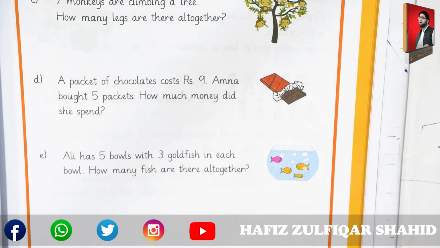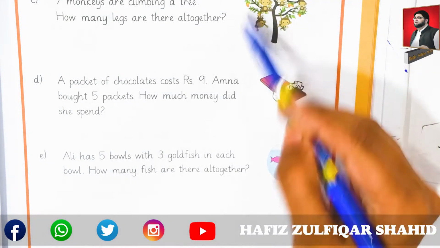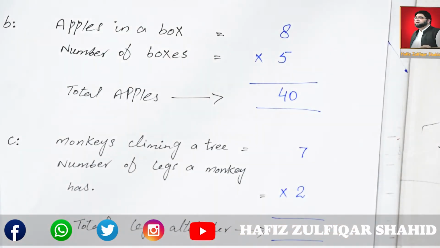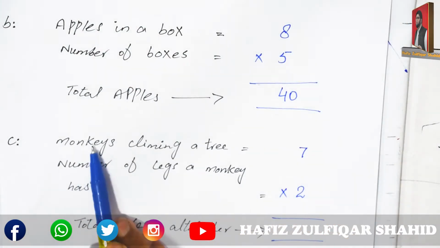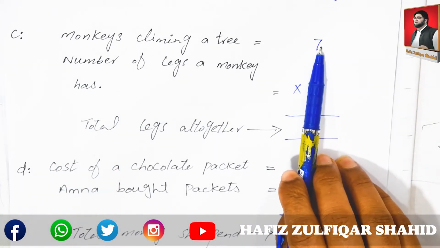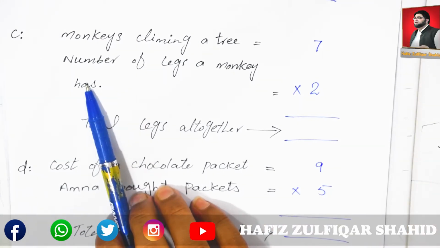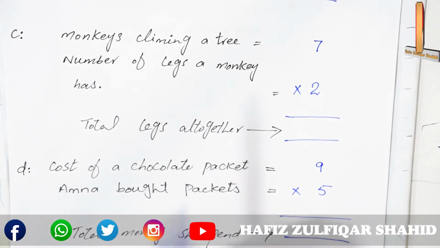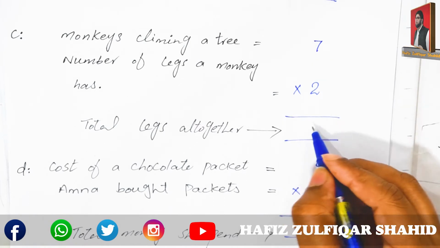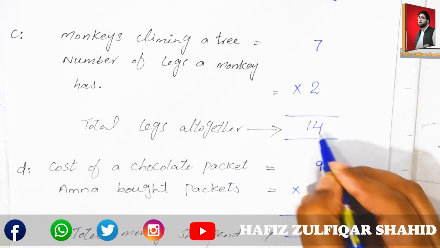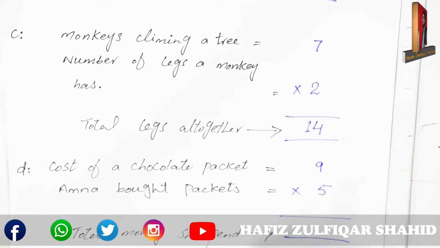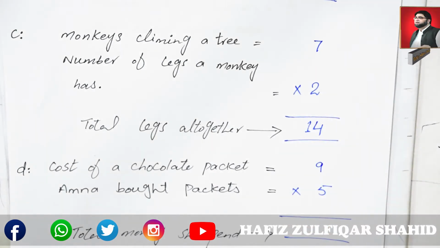So how many legs do all 7 monkeys have? Let's find out by multiplying. Monkeys climbing a tree equal 7. The number of legs one monkey has is 2. Multiply these two numbers. 2 times 7 is 14. 7 monkeys have 14 legs altogether.